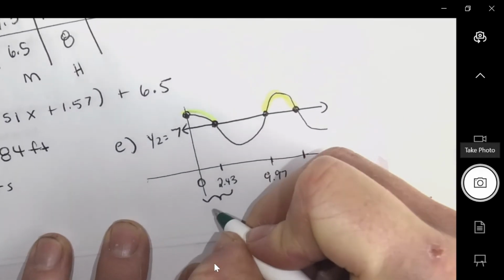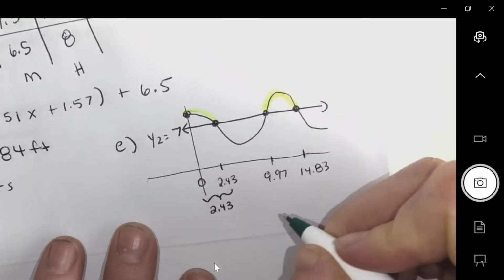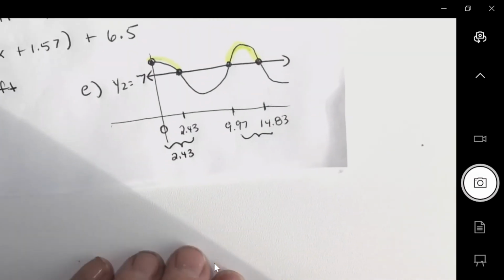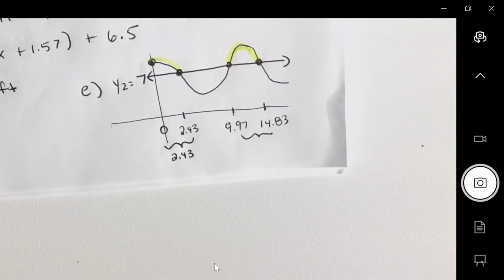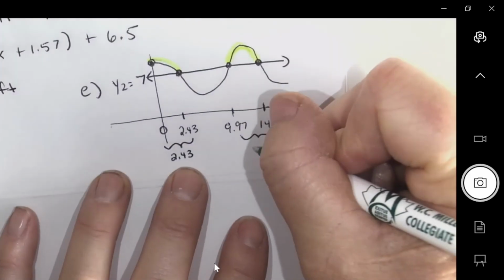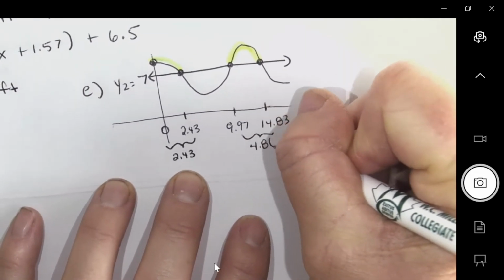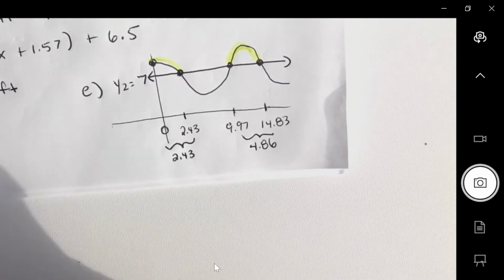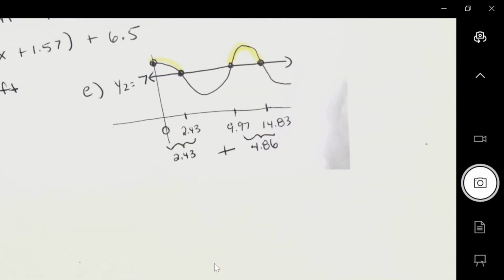So from here to here was 2.43. How much time is between that? So you need to subtract those numbers. So 4.86 hours there, 2.43 hours in that. So how much time altogether?